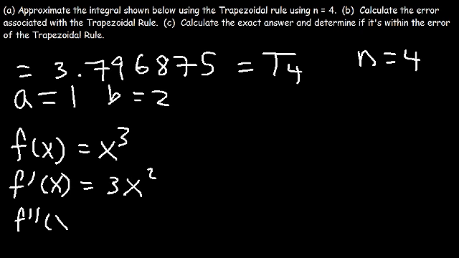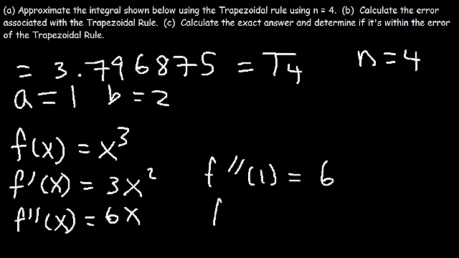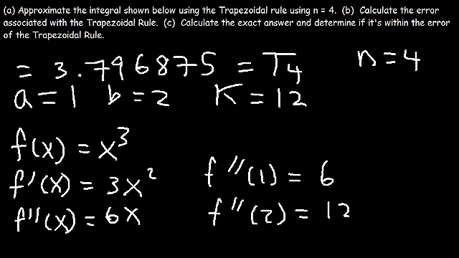The second derivative is 6x. Now 6x is an increasing function, so f double prime of b is going to give us the maximum value. But let's find both. F double prime of 1 is 6. F double prime of 2, that's 6 times 2, is 12. So that's the largest value in the interval. Therefore, k is equal to 12.